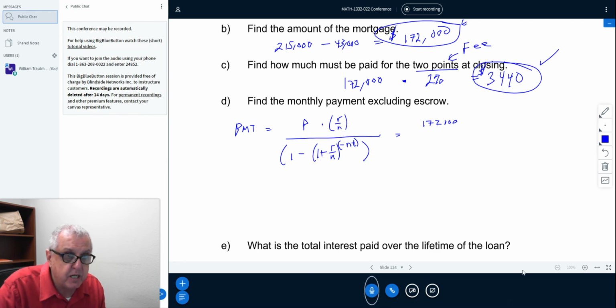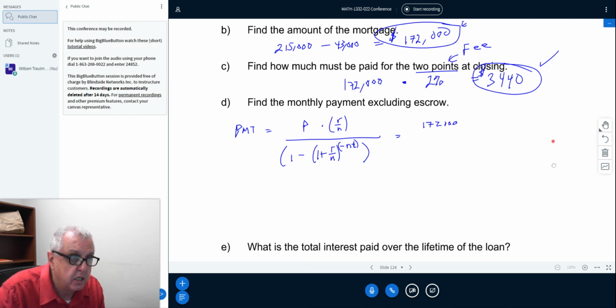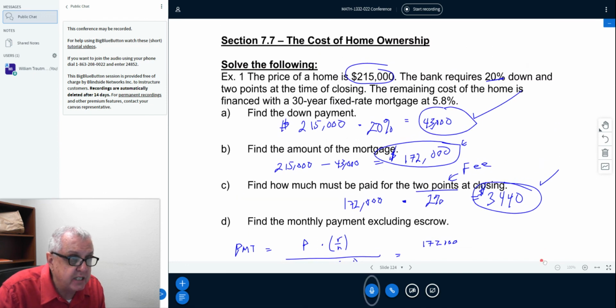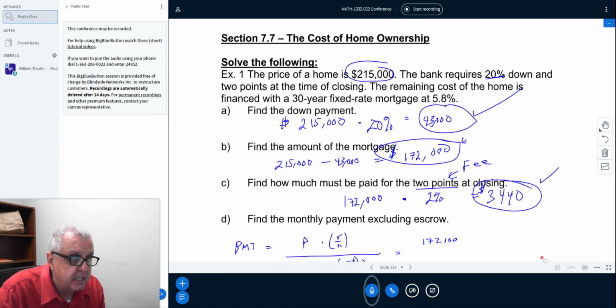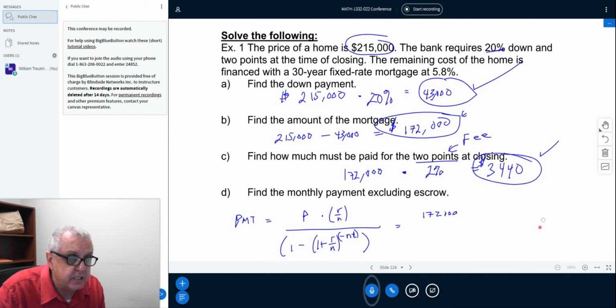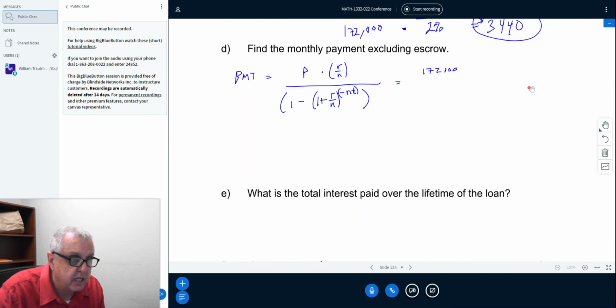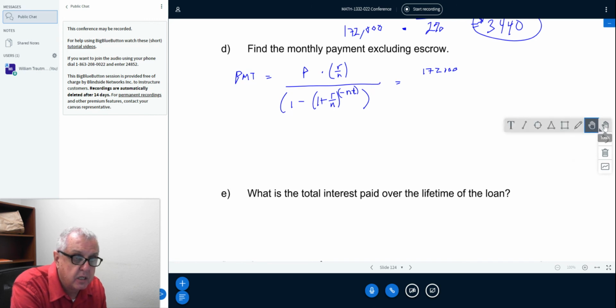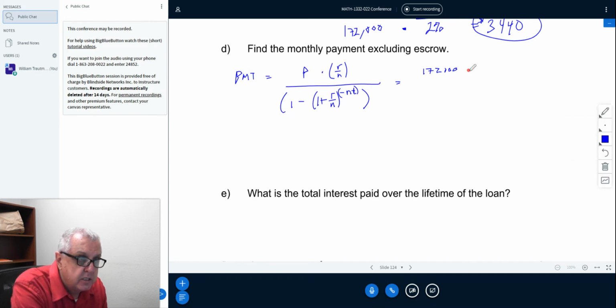I don't remember. I got to go back up to the top to look. It says 5.8% at 30 years. Times 5.8%.